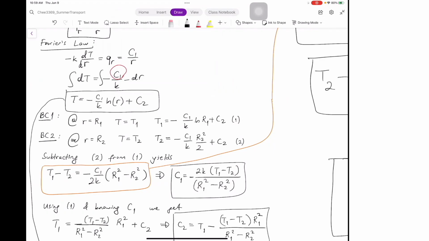This is 1 over R, and the integral of 1 over R is logarithm of R. So we messed up. R2.